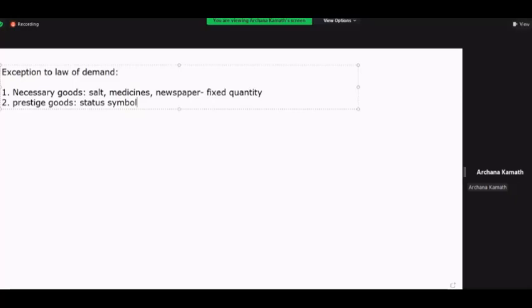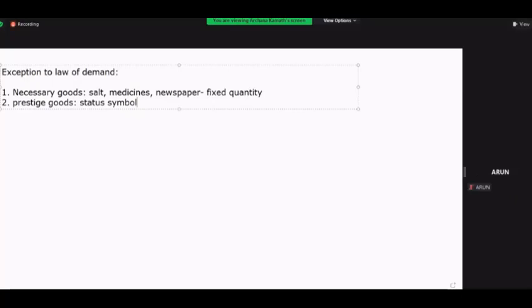The automobiles which we are purchasing. For example, a Rolls Royce is around 1 crore rupees, and a family is planning to purchase one. Even if it goes to 1 crore 10 lakh, is it going to influence their purchase? Or even if it has come down to 95 lakh, is it going to influence their decision regarding purchase or not? No, no, no. No, right?